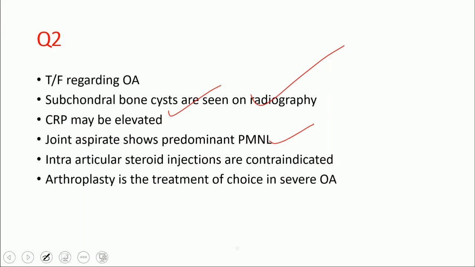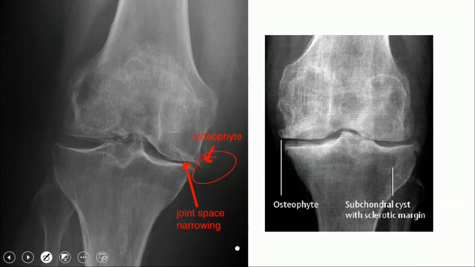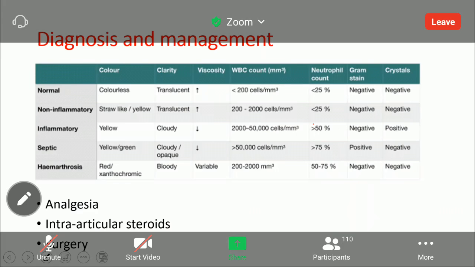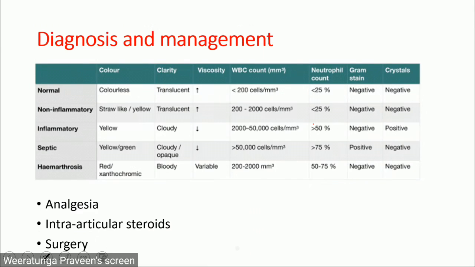And how do you treat osteoarthritis? Unfortunately, the treatment of osteoarthritis is not very easy. We don't have a lot of options. Analgesia with analgesics, of course, and sometimes intra-articular steroids are useful. You'd have seen these being done in the wards. Intra-articular injections of steroids can be useful, building on that theory of inflammation. There's a little bit of inflammation in osteoarthritis.